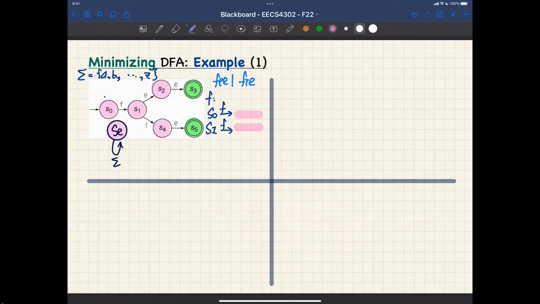Okay, so now let me just try to write a little bit more neatly. Given what you have got so far, can I say from all the states, S0, S1, S2, S4 and SE, either one of them, if I try to take F, I'm still in the same partition.